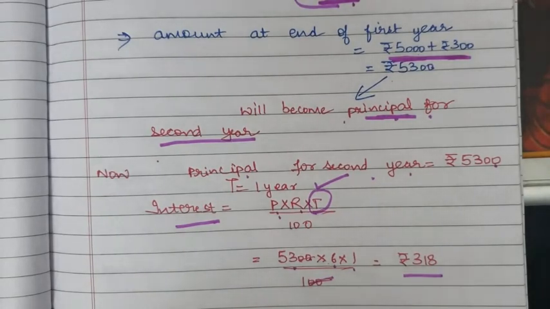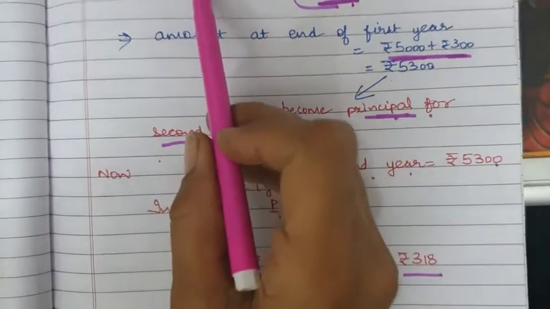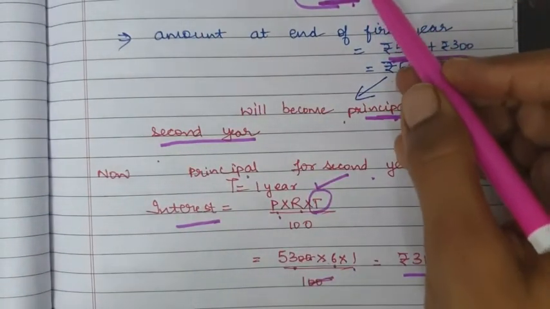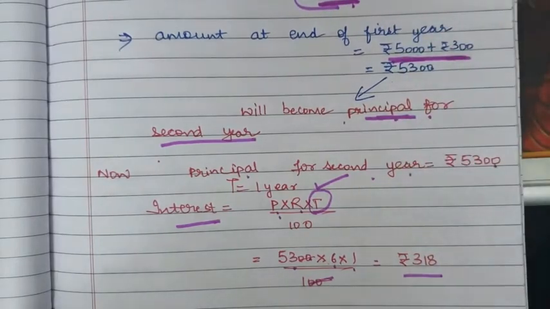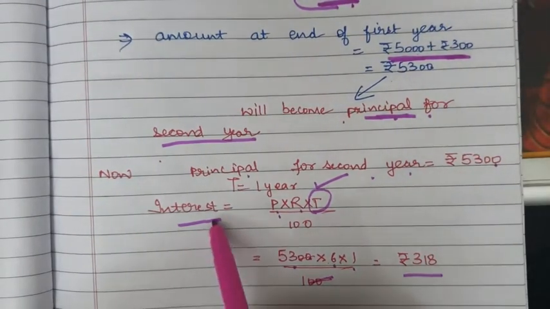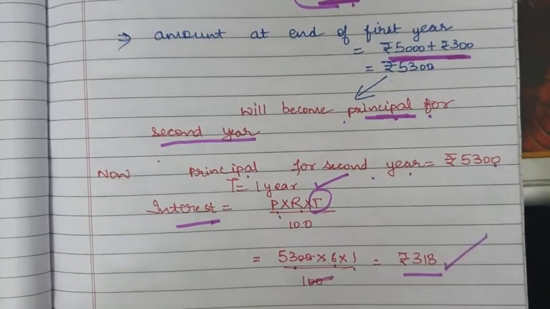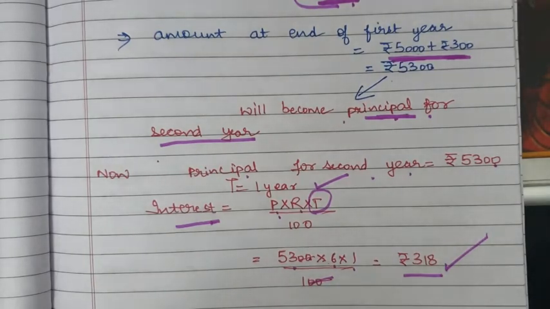Clear? Now children, listen very carefully. Interest for the first year we got 300 rupees. And interest for the second year we got 318 rupees. Now we have to find the compound interest.